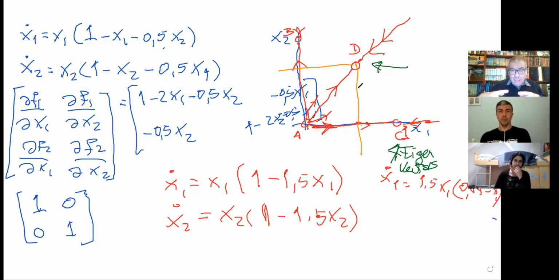Otherwise you would have different solutions passing through the same point. So when I say that I go to here, I really never reach there because it takes an infinite amount of time to reach it. Thank you. More questions?